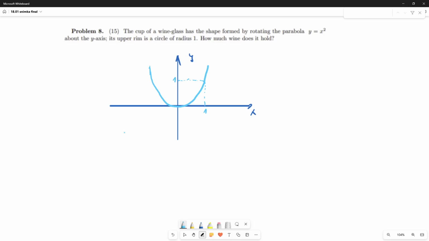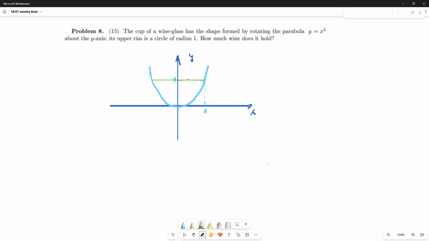We need to calculate the volume of the glass. That is actually the volume that's a consequence of a rotation of this part of the parabola where x is greater than or equal to 0 about the y-axis.